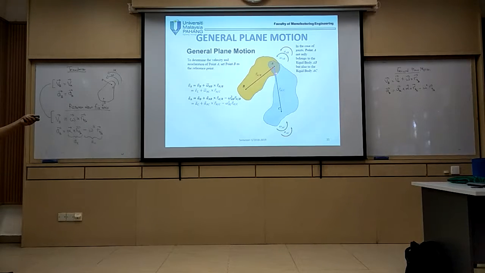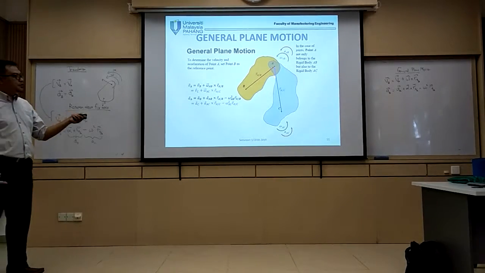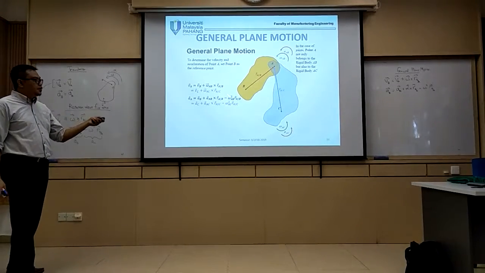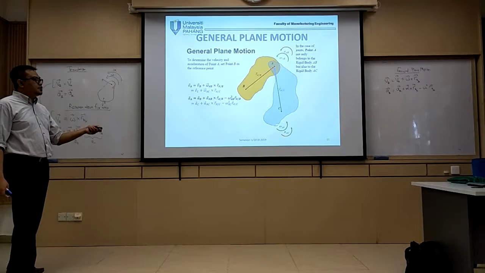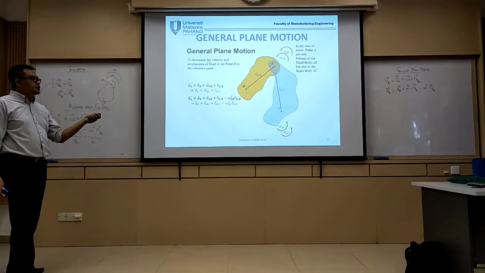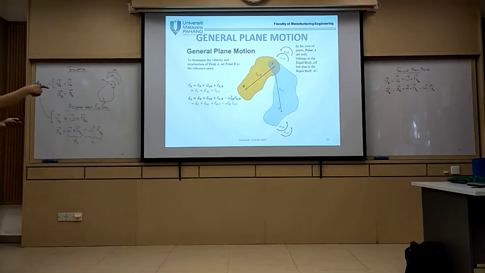So what is the same point? A, right? So A is in the yellow rigid body and also in the blue rigid body. So in that case we can find the velocity of A by using the equation for the yellow rigid body and also by using the equation for the blue rigid body, so there will be two equations.